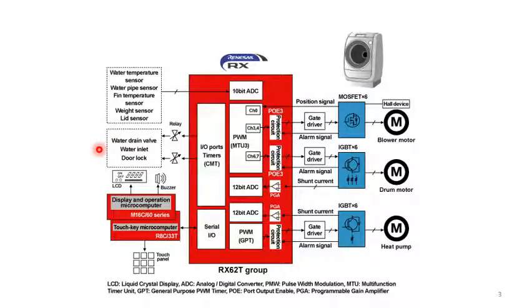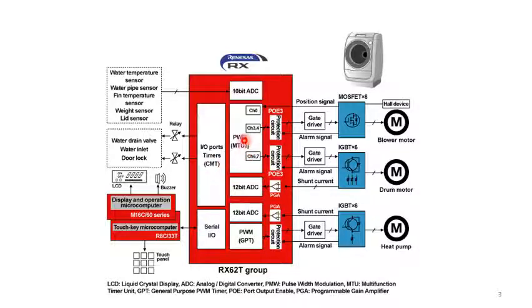From the sensors we get the inputs to the ports of the microcontroller. The sensors may be a water temperature sensor, water pipe sensor, weight sensor, lid sensor, or a water drain valve. The values and what is happening are also displayed on the LCD display.